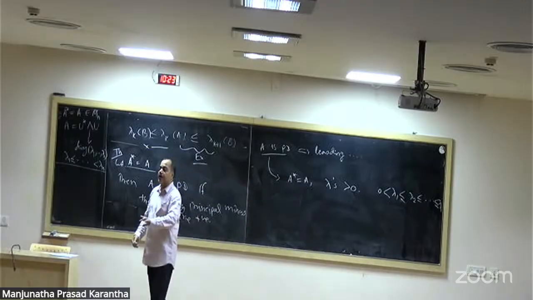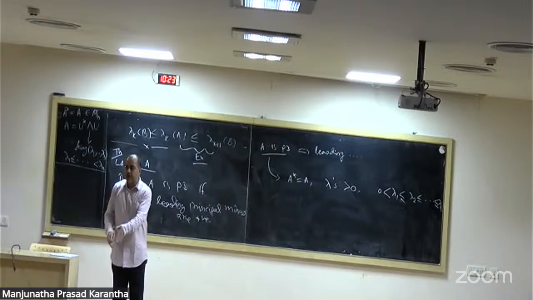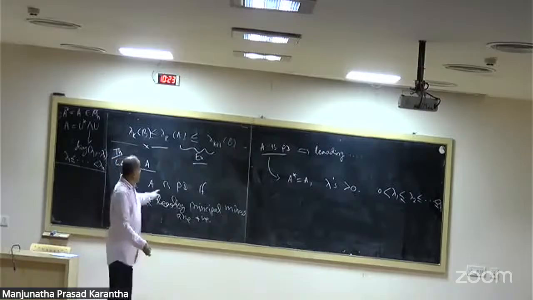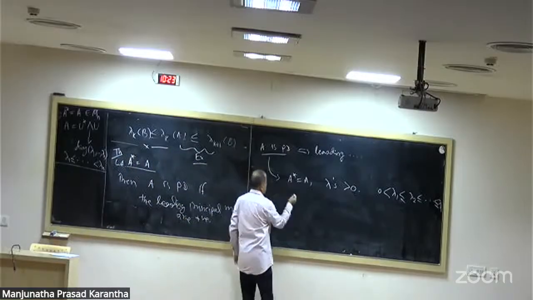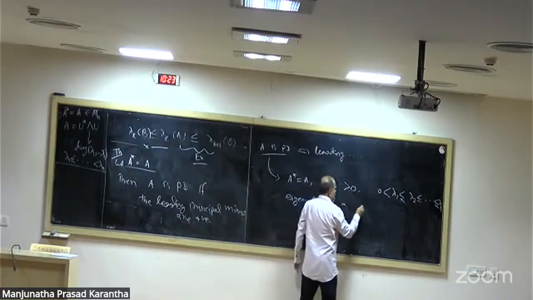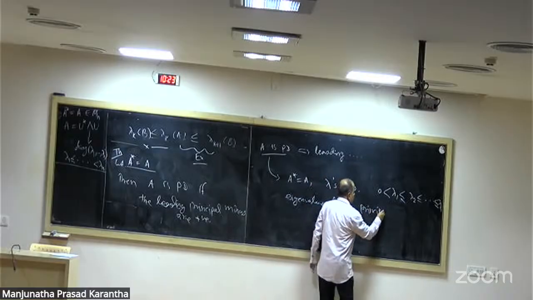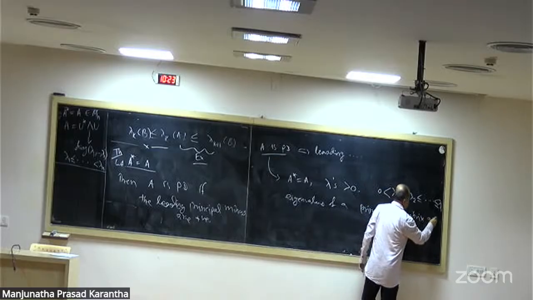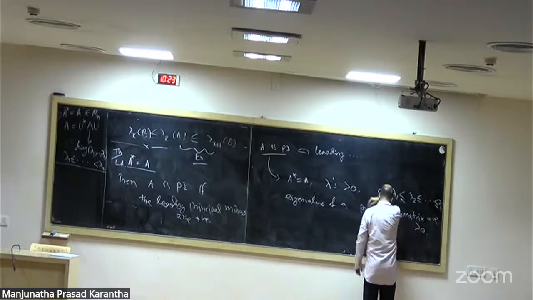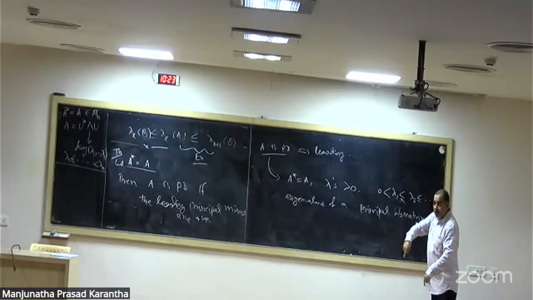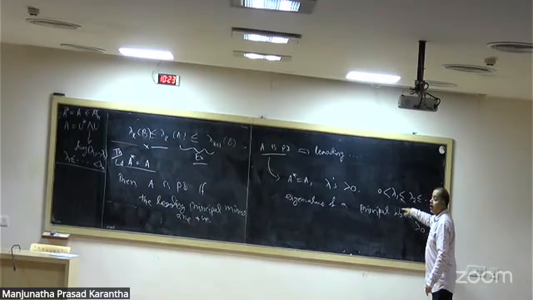Now if you take a principal submatrix of size n minus 1, then by the Cauchy interlacing theorem, if you drop one row and the corresponding column, the eigenvalues of the submatrix will be in between.